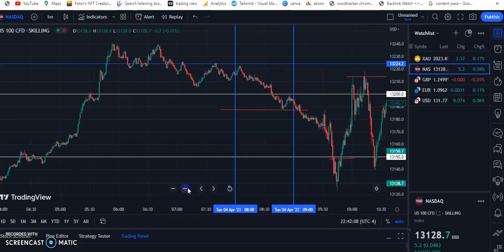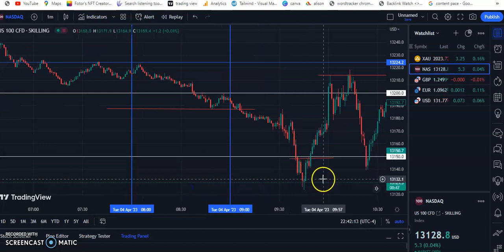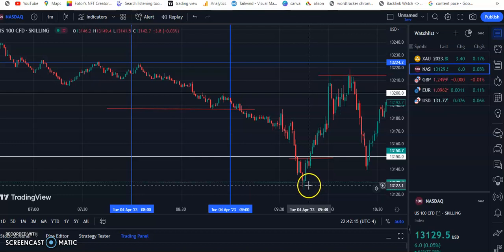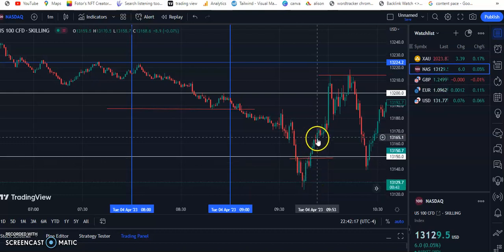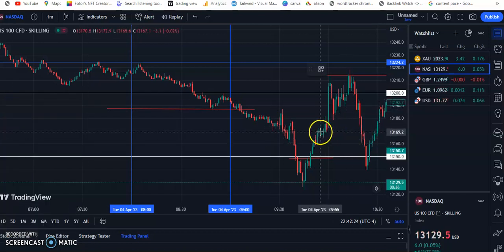So the market comes down, gives us our nice head and shoulders pattern at the quarterly level, breaks out, pulls back, gives us an engulfment at 953. There is our entry.